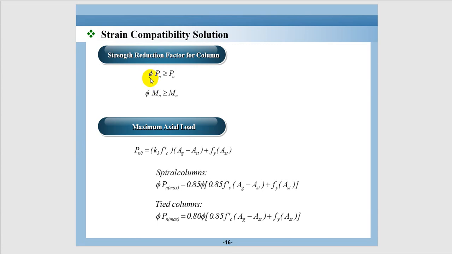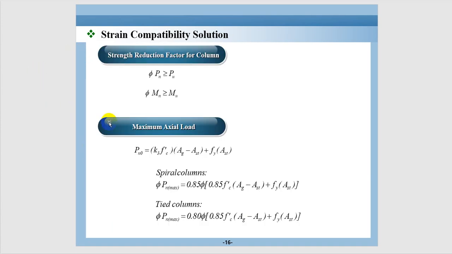The phi factor is multiplied by your nominal axial strength and moment strength, and they must be greater than the factored load. This is very important, so this is sort of an ultimate design. You are calculating the nominal strengths where your concrete compressive strain corresponds to 0.003, and you multiply by the phi factor, which was obtained from the previous table.